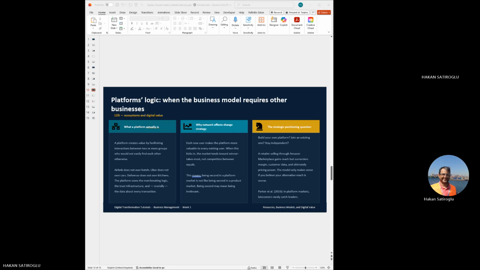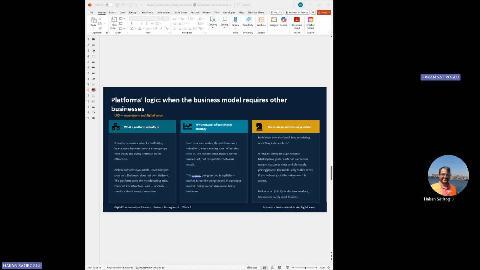So why does network effect change strategy? The middle side of the slide is about network effect. This is where platform strategy becomes very different from ordinary competition.